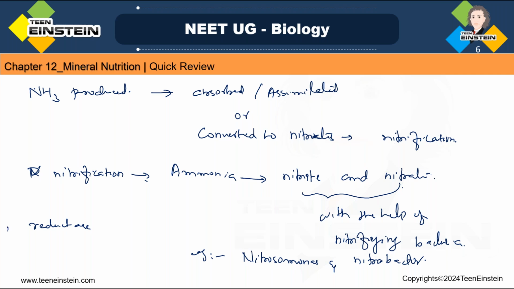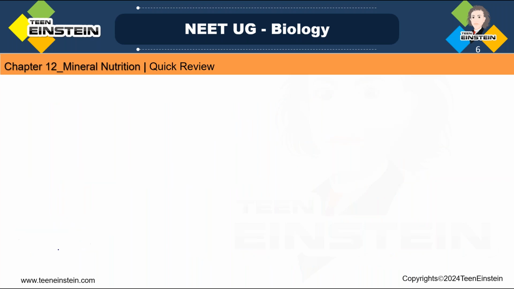Nitrate reductase and nitrite reductase. This reductase enzyme which is reducing ammonia to nitrate, that is nitrate reductase and nitrite reductase. These enzyme names are all very important for the exam.